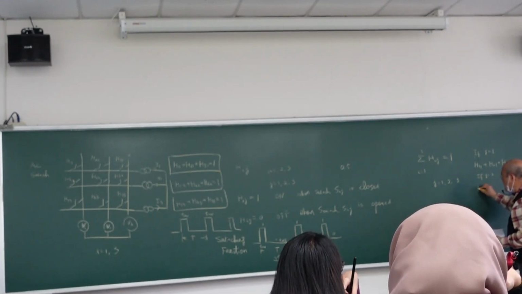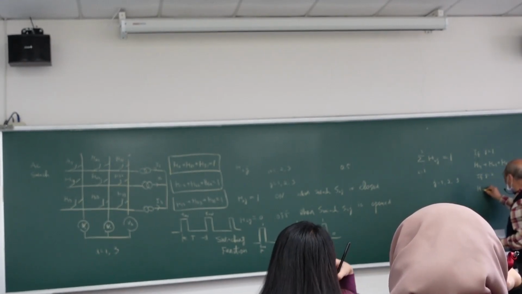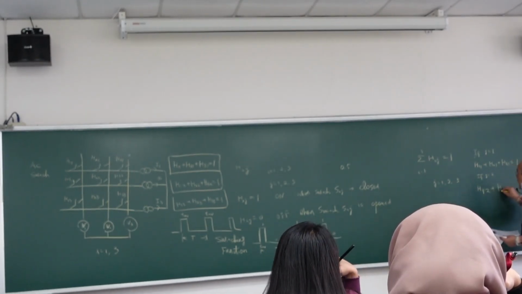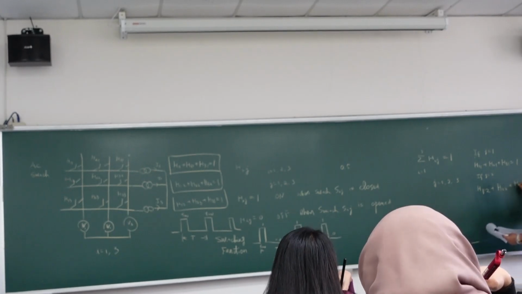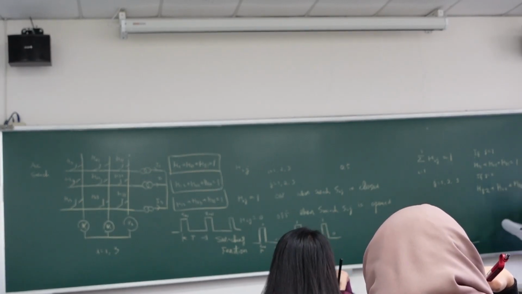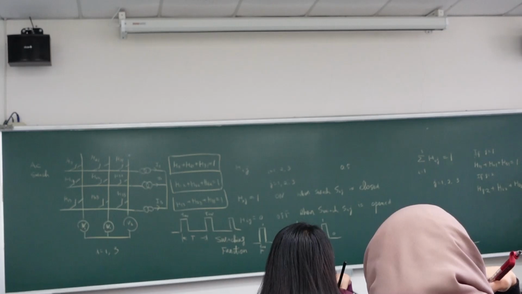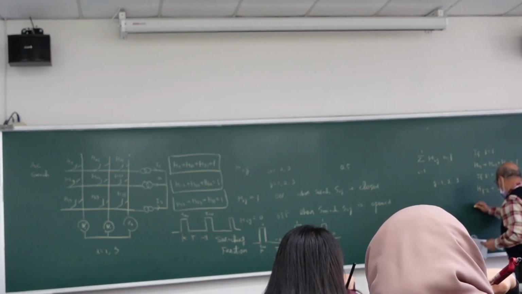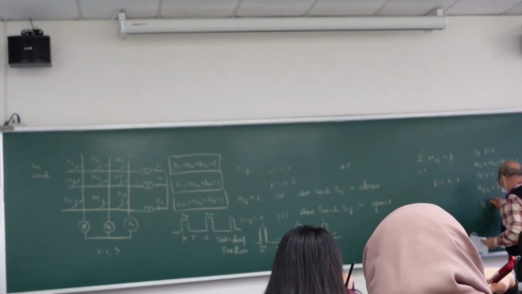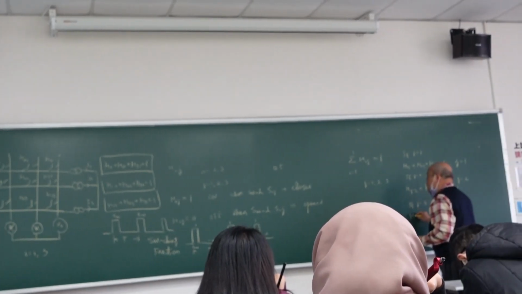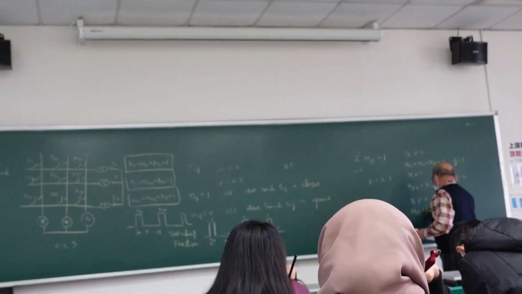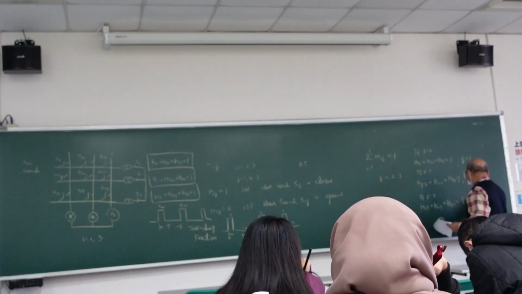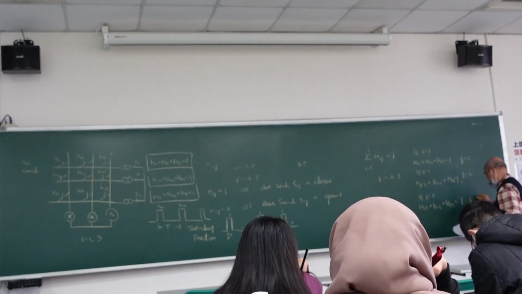We can say h12, h22, h32 equal to 1. So we can write down this one, right? If j equal to 3, we can say h13, h23, h33 equal to 1. So this means j equal to 3.